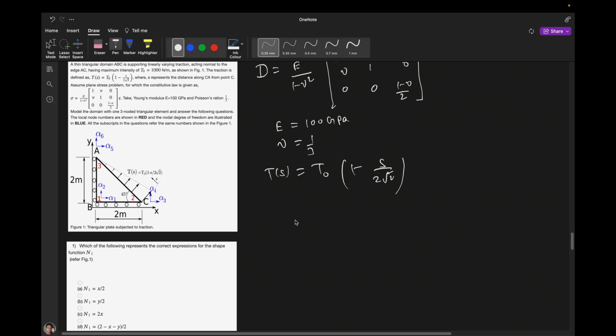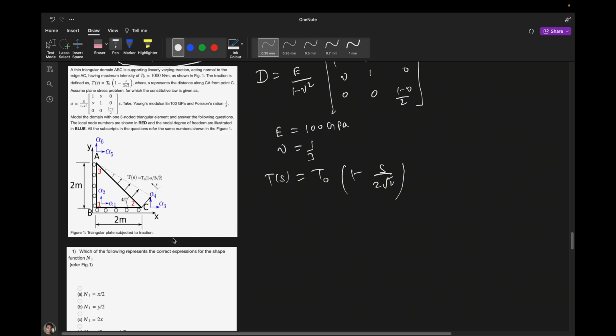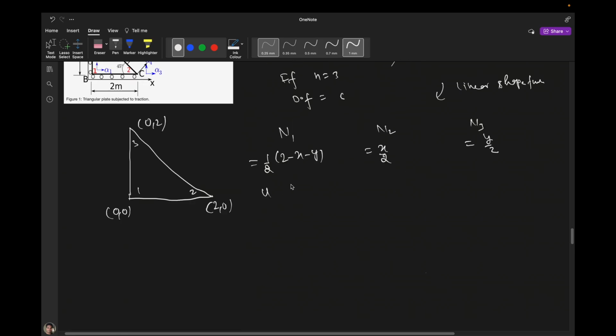Okay, so we can clearly see that for displacement along the x-axis, we can write the coordinates as x1 n1 plus x2 n2 plus x3 n3, and y will be y1 n1 plus y2 n2 plus y3 n3.